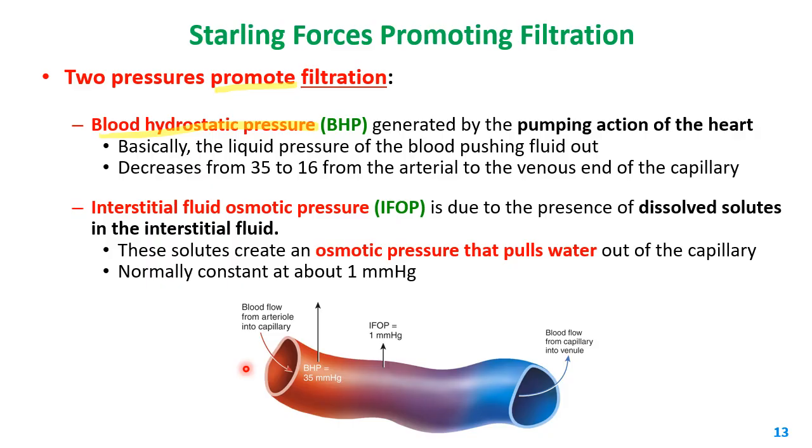Okay, so this compared to 120, it's a huge drop in that pressure, but it's still enough pressure. Okay, so you get to your capillaries, and you have this hydrostatic or this blood pressure that is around 35 millimeters of mercury or so.